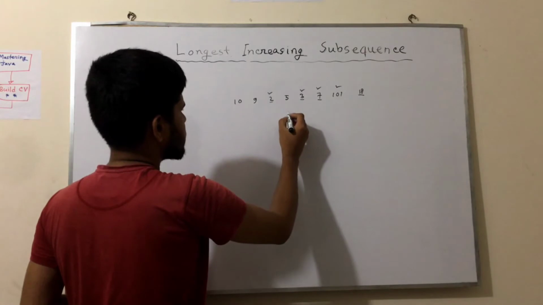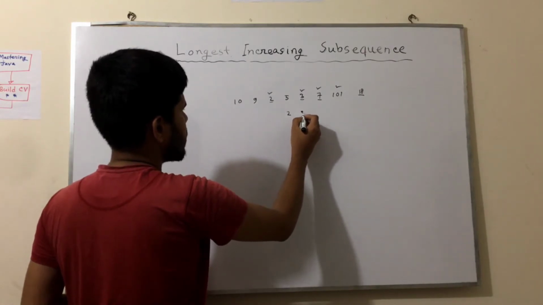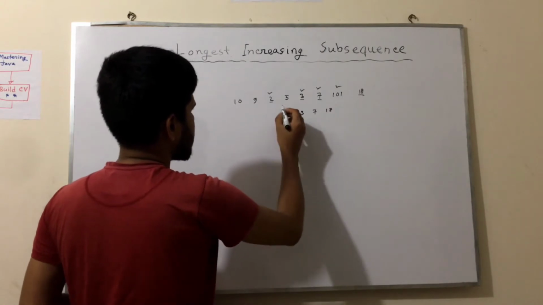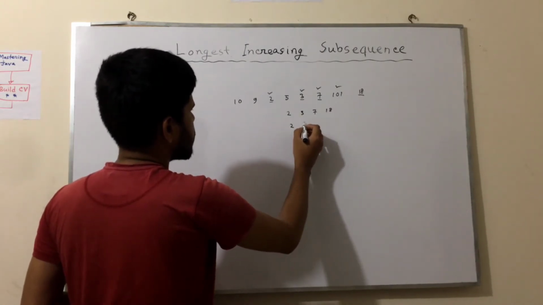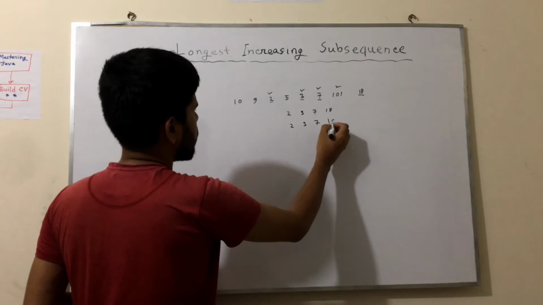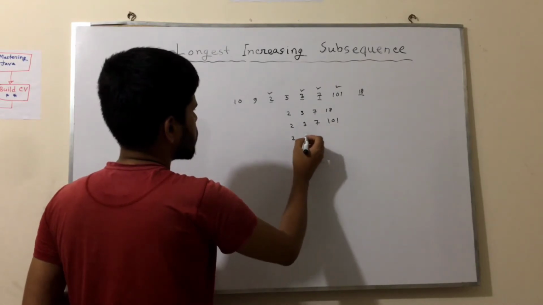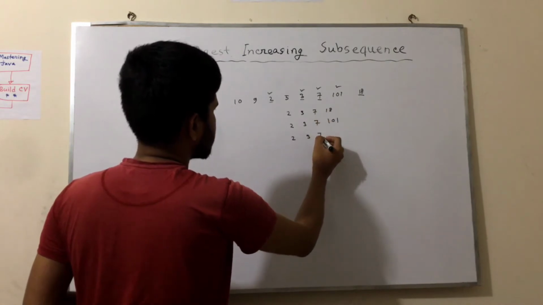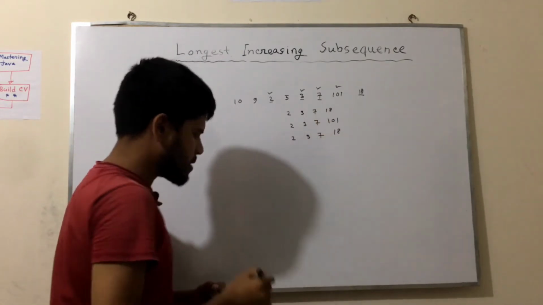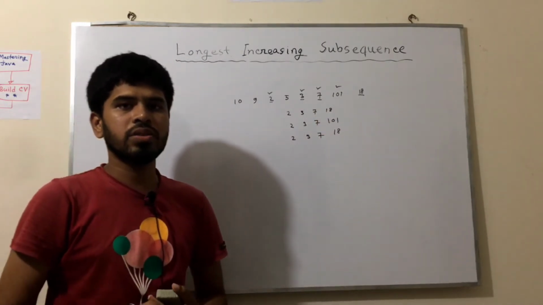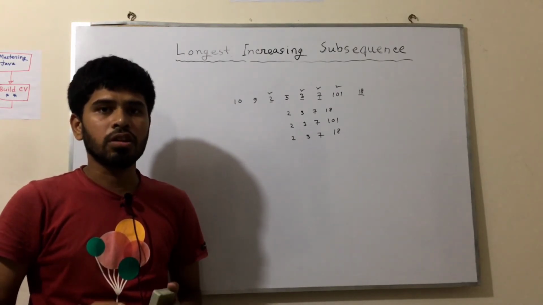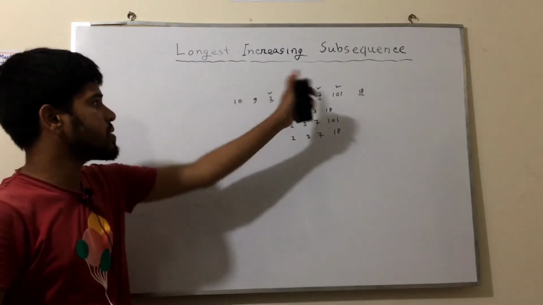So the longest increasing subsequence is 2, 3, 7, 18, not 8. We see that we can have multiple longest increasing subsequences.